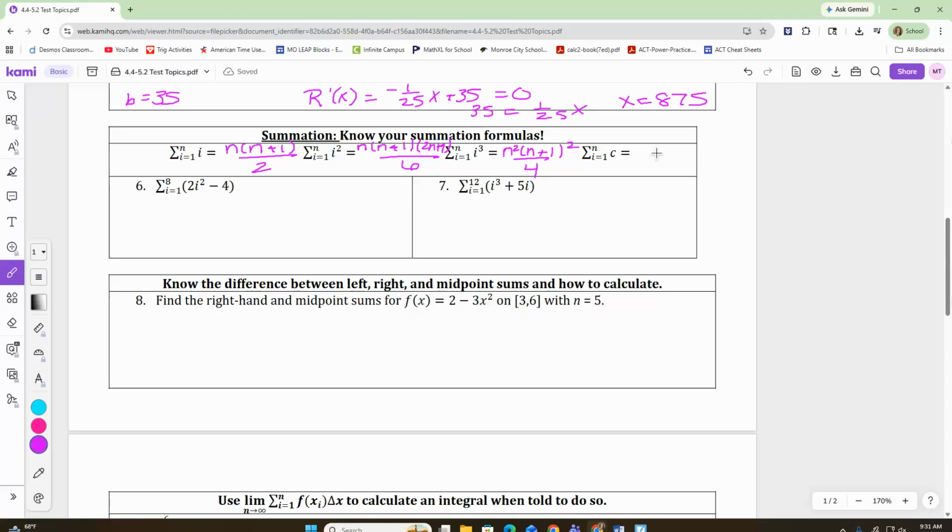And if you're adding up a constant, it's just your constant times n. So make sure you know those formulas. For the sake of time, I will come back to these if we can, but I want you to practice them. So on number 6, the answer is 376, and number 7, 6,474. I want you to try those two, and then if you don't get them, you can come ask me a question.